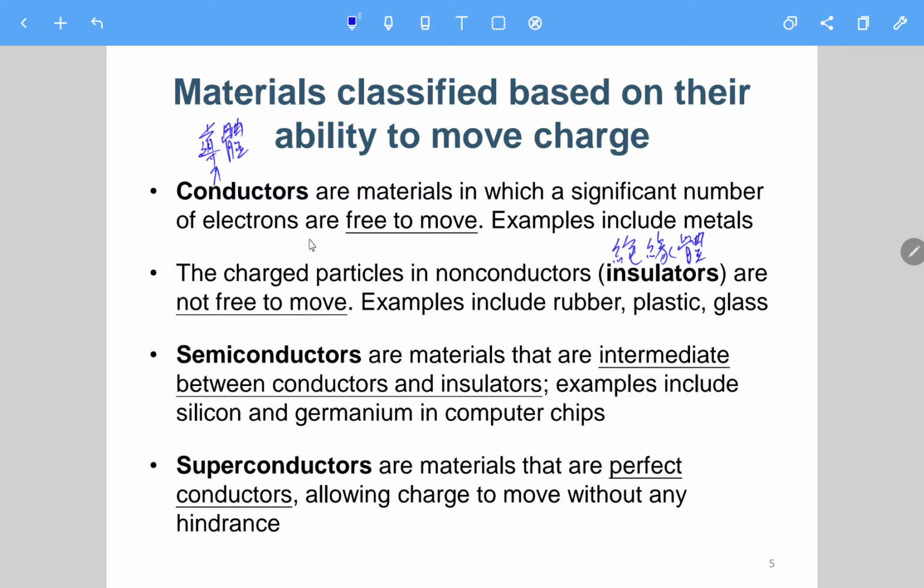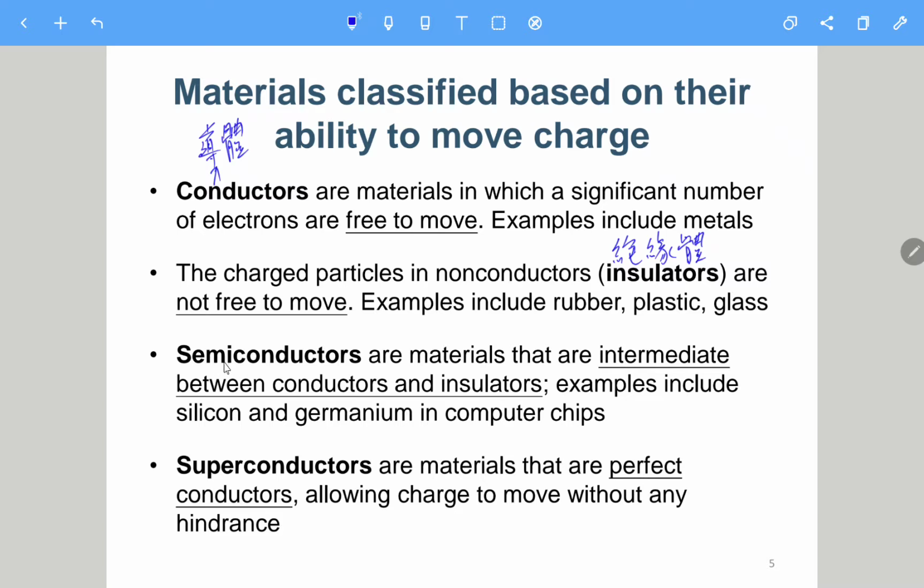I mean the charges in the insulator are not free to move. They don't have free electrons. For the conductor, it has free electrons. Examples include rubber, plastic, glass. Yeah, they are also insulators.